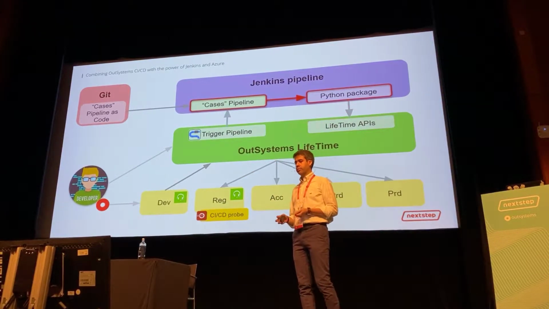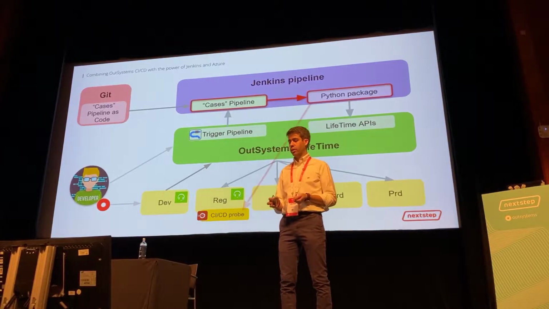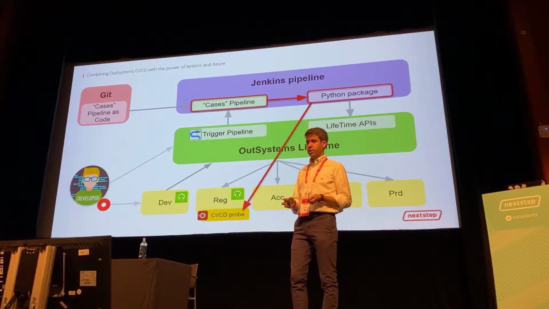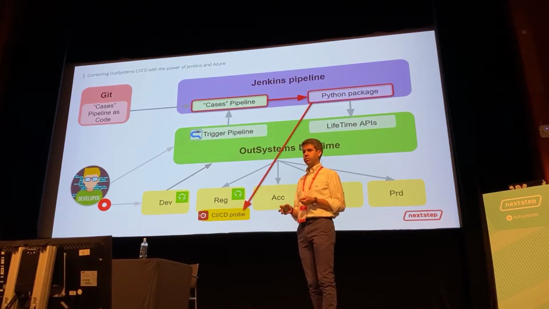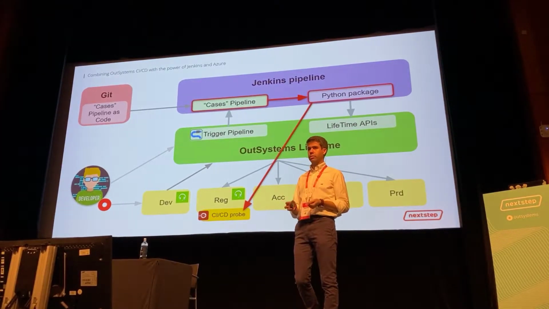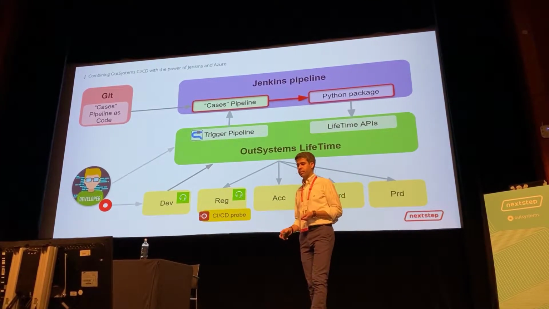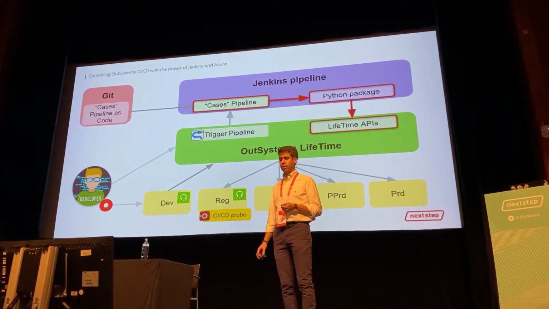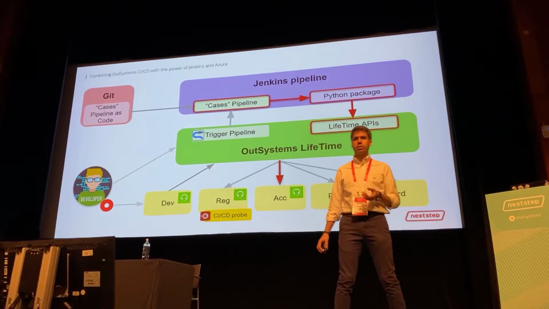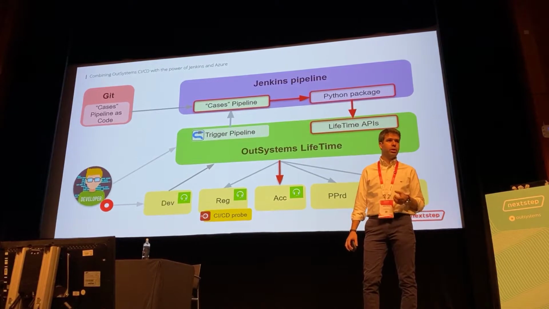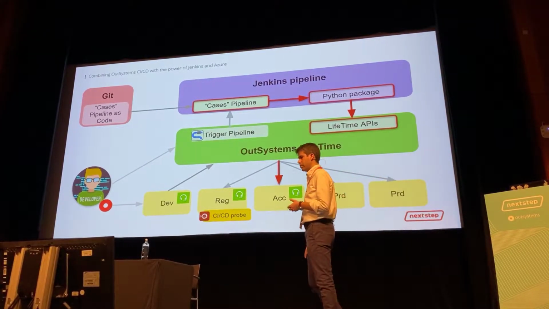Then the Python package will understand what tests should run and fetch the results. And if everything passed here, it will deploy in the acceptance environment. In the acceptance environment, you can have your product owner seeing if everything is okay. You can have your testers or the business representative understanding if it's okay.